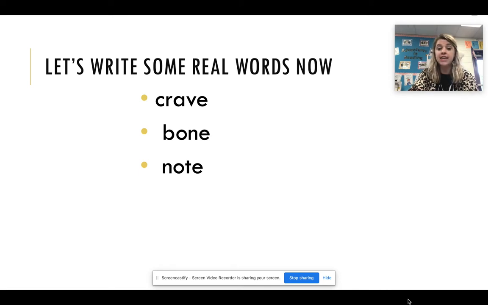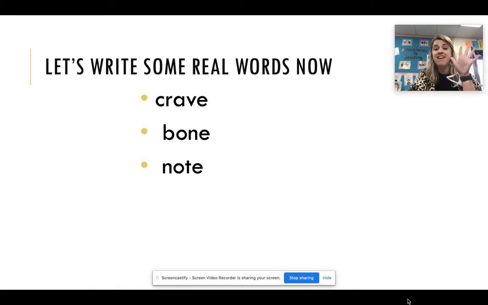Our next word is, this one might be kind of tricky, so listen for your sounds and really think about what sounds make, or what letters make these sounds. Okay, number 4, quite. Quite. Here's a hint.